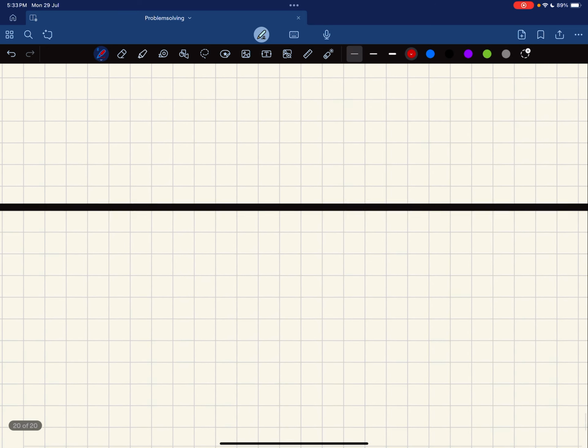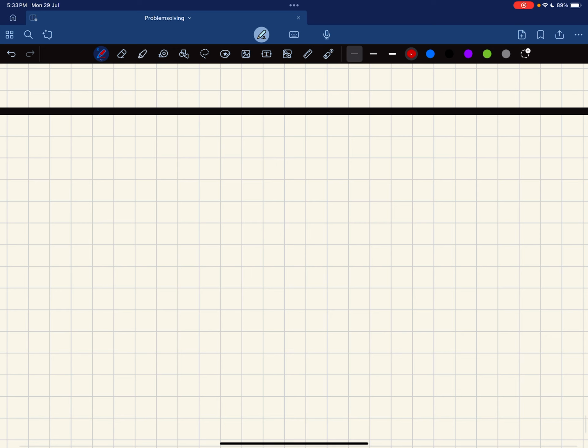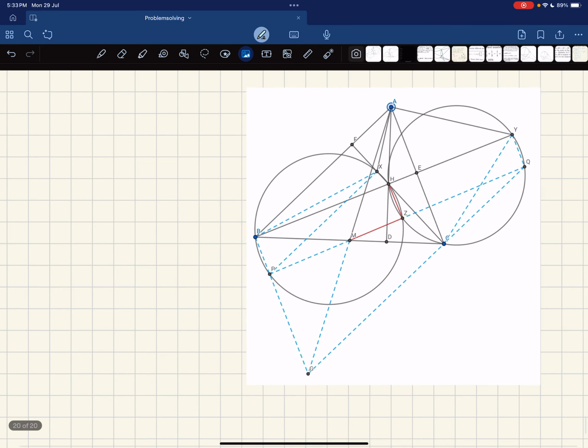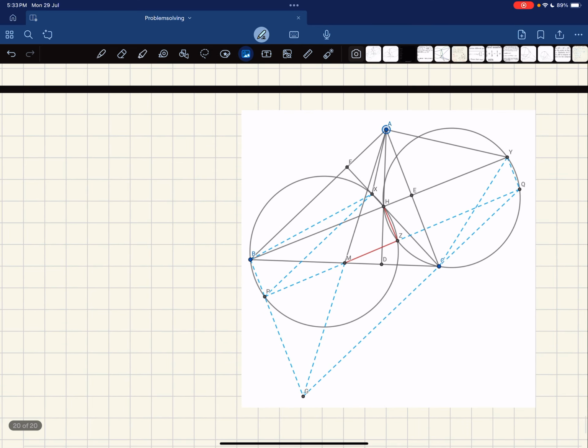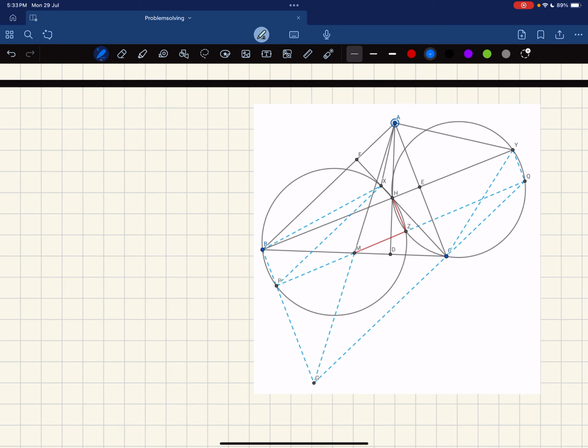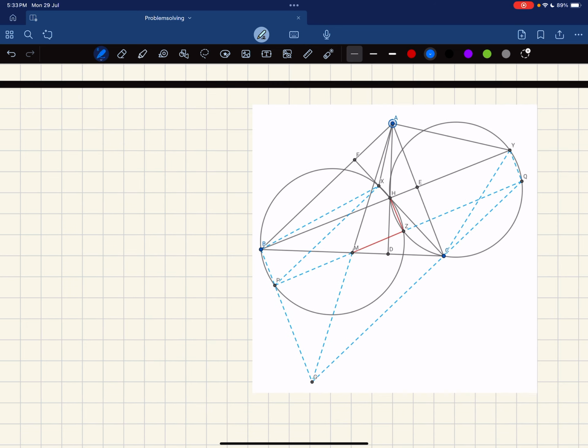So I will use another picture that I have drawn in advance. It is like this. Let me write it down: extend AM to G such that MA equals MG.